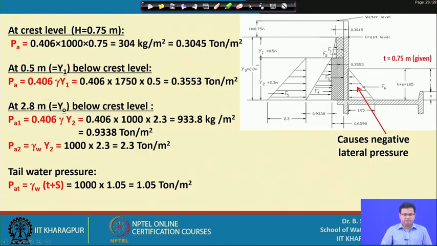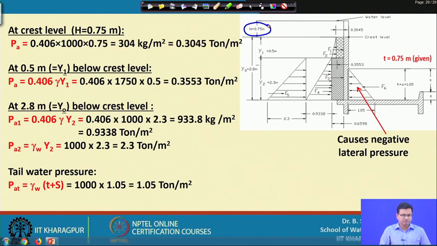At the crest level there is standing water, so H equals 0.75 meter. You will be getting some water pressure here, and P A will be equal to 0.406 into 1000 into 0.75, so that equals 0.3045 ton per meter square.